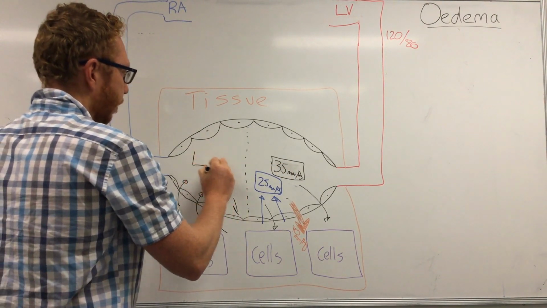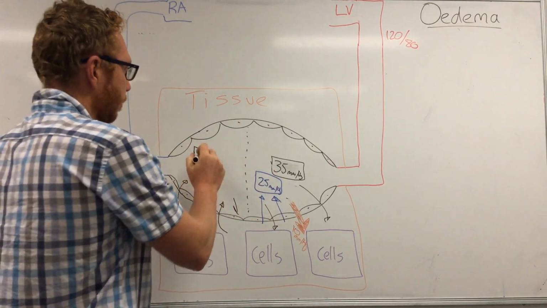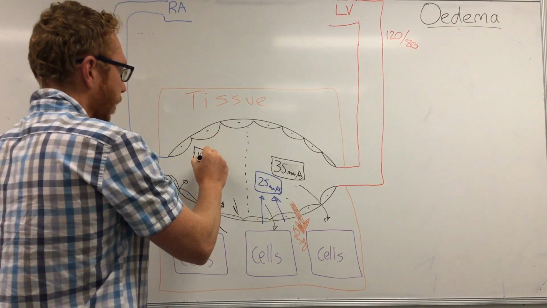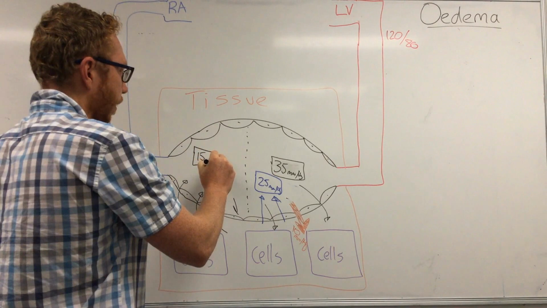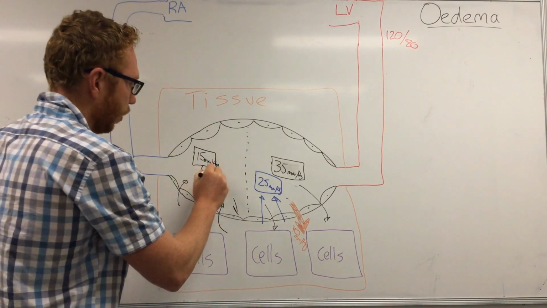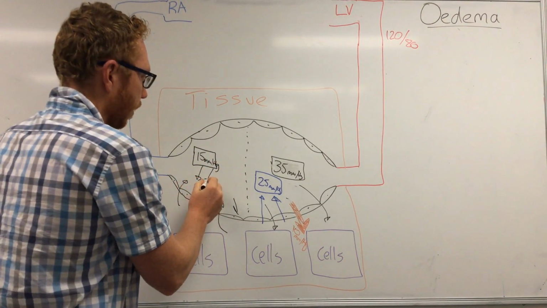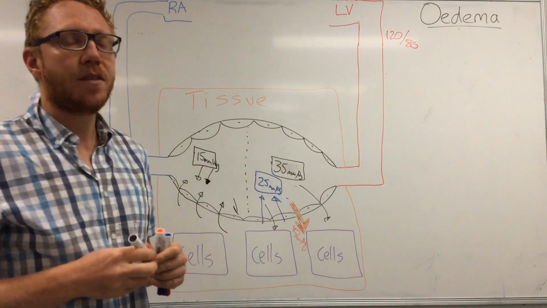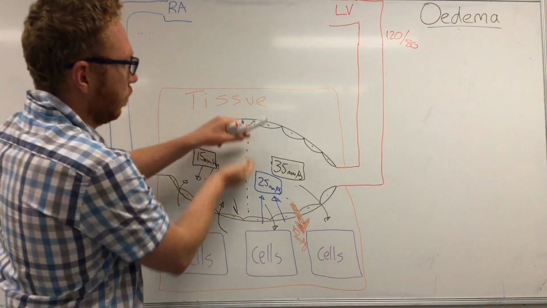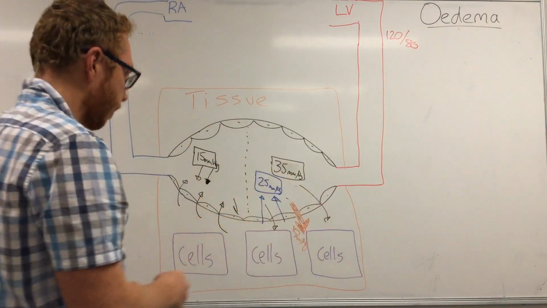So the hydrostatic force at this end, at the venous end, drops to 15 millimeters of mercury. That is now 15 compared to 35. So it's dropped quite a lot because we've got a bigger vessel diameter, but also we've lost some fluid.